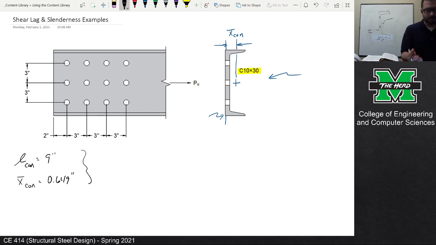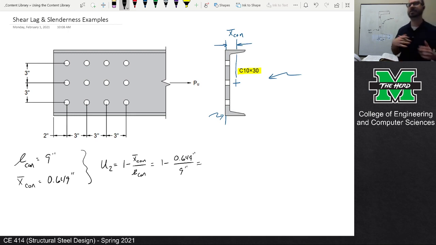Okay, so if we have our X bar and our L, we can compute U2, which is 1 minus X bar over L, which is 1 minus 0.649 inches over 9 inches.